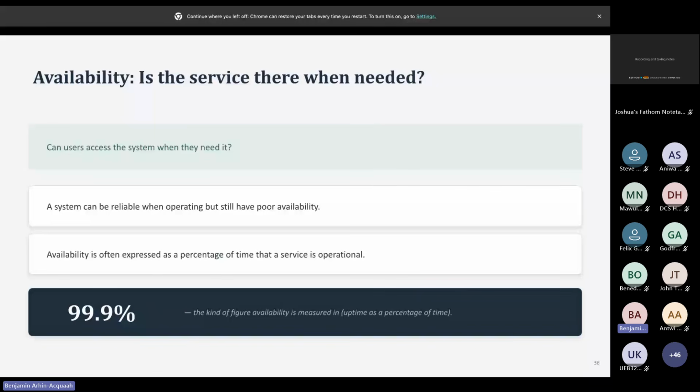The system is reliable, all right, but every now and then you are having downtimes and people are not able to access your products. And availability is usually expressed as a percentage of time that a service is operational.